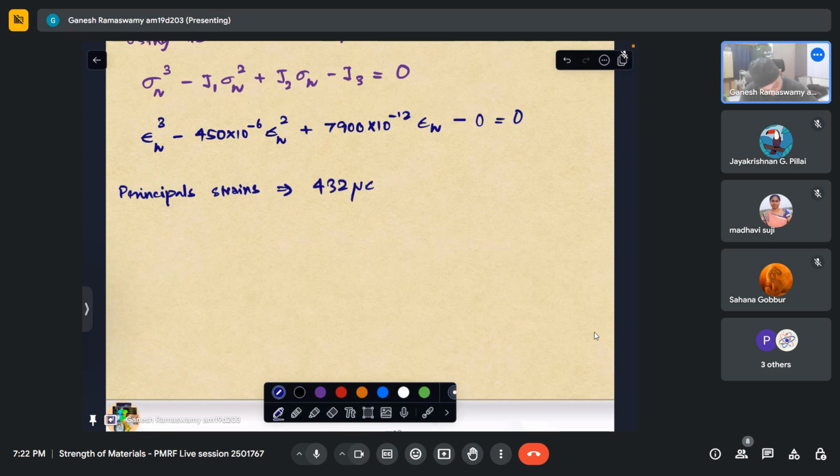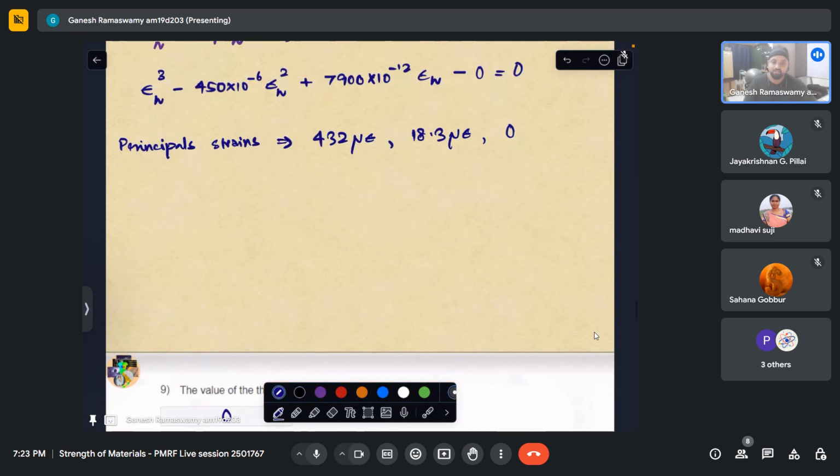The other value is 18.29, about 18.3, and the other value is 0. So these are the three principal strains we have got. Similar to principal stresses, we will label them in the algebraically increasing order, which means epsilon 1, which is the maximum out of these, is this one.